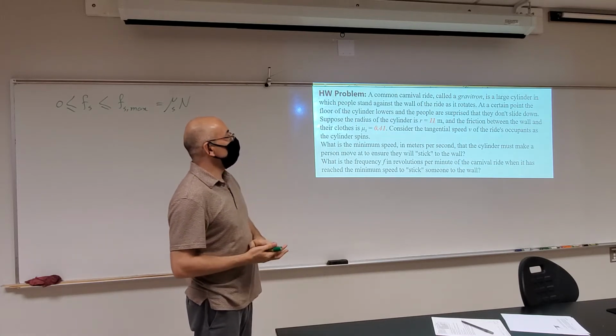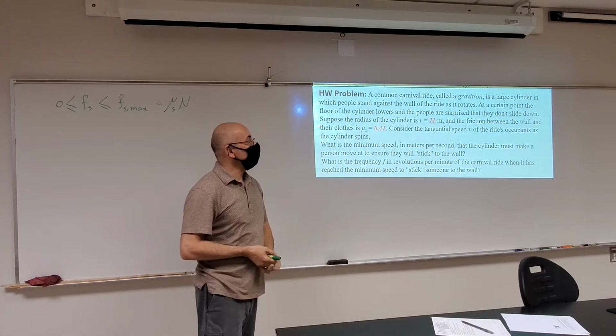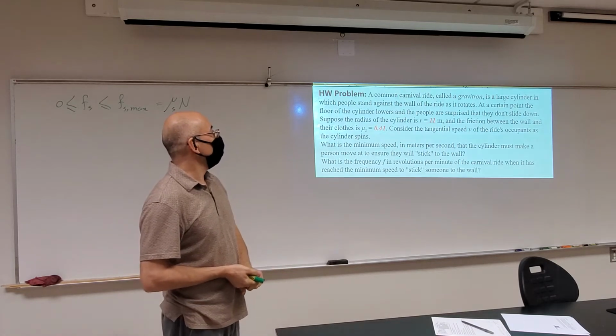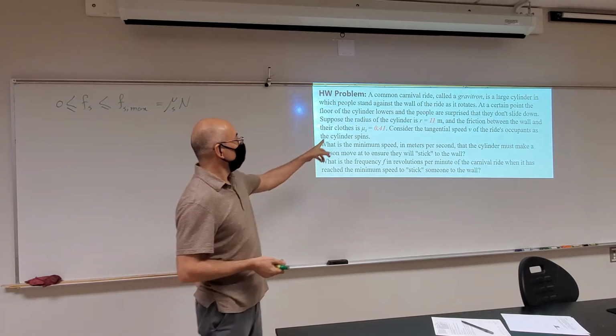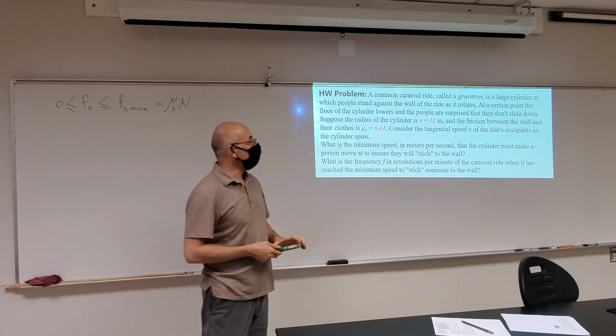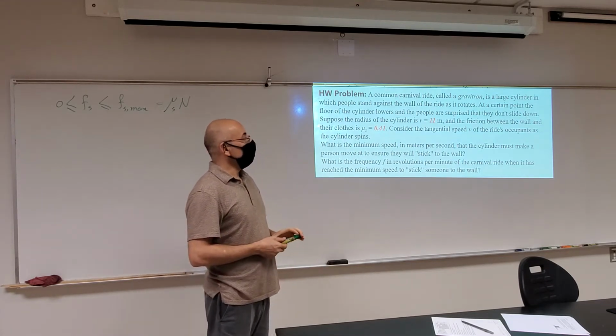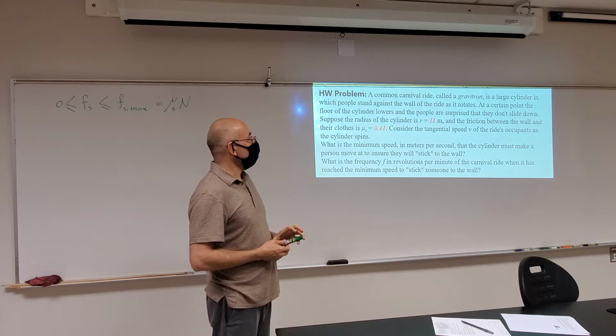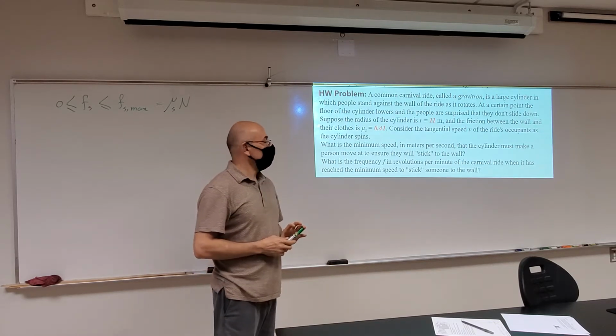Suppose the radius of the cylinder is 11 meters and the friction between the wall and the people's clothes is μs equals 0.41. Consider the tangential speed v of the ride's occupants as the cylinder spins.